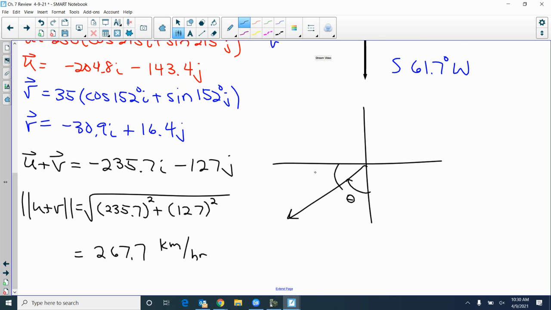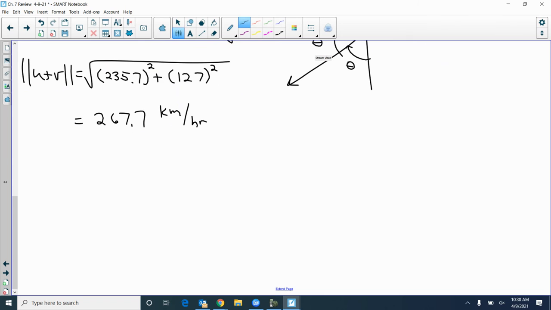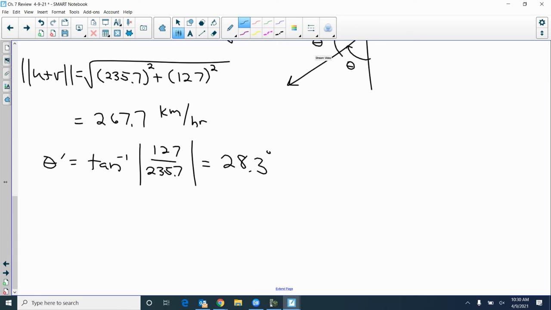When we do our work, we find the reference angle. Theta prime is the inverse tangent of the absolute value of 127 over 235.7. That's 28.3 degrees, your reference angle.